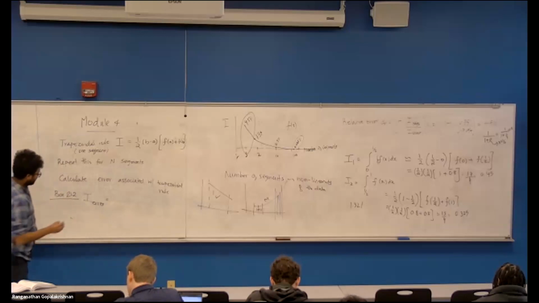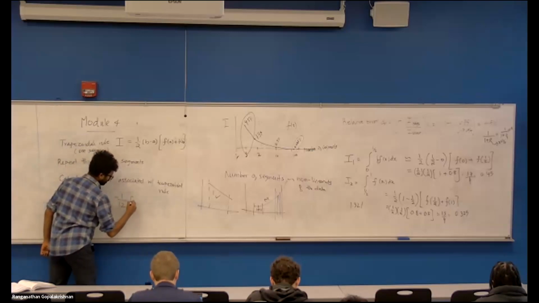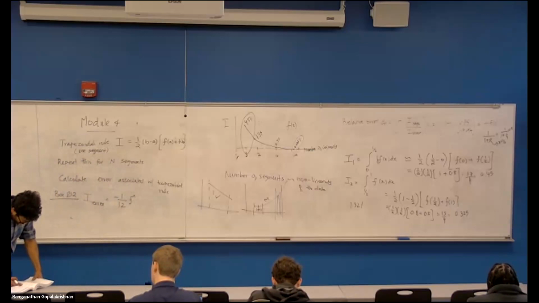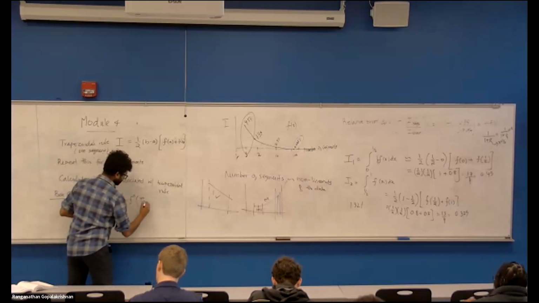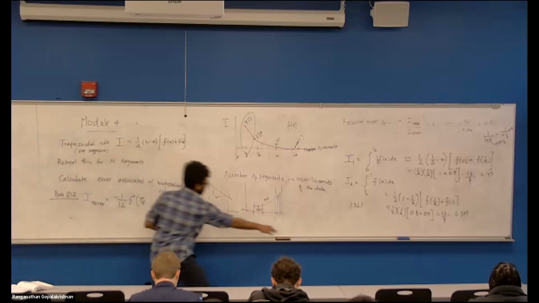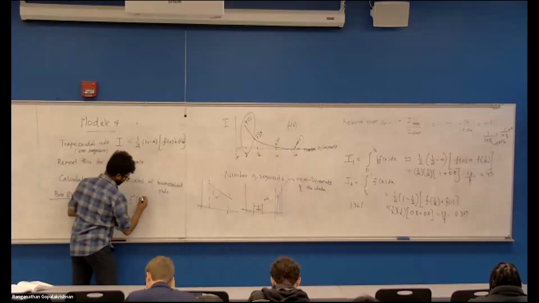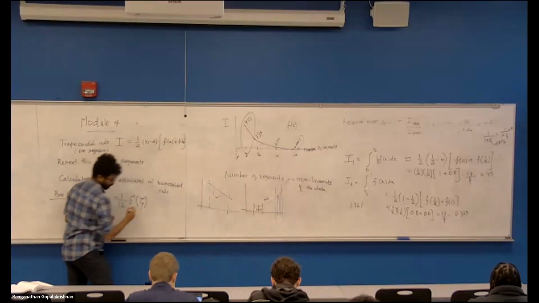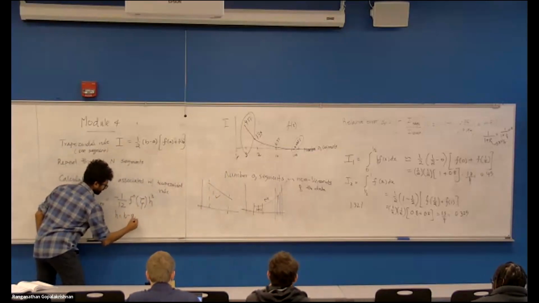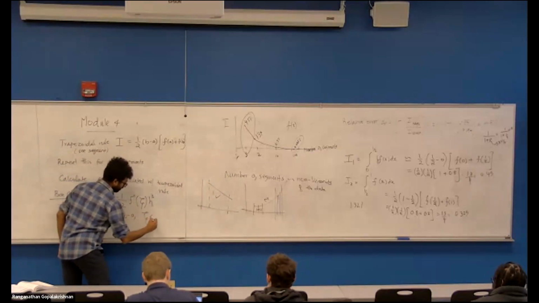So the error estimate is minus 1/12 f double dash of zeta, multiplied by h cube, where h equal to b minus a and zeta is any number between a and b.